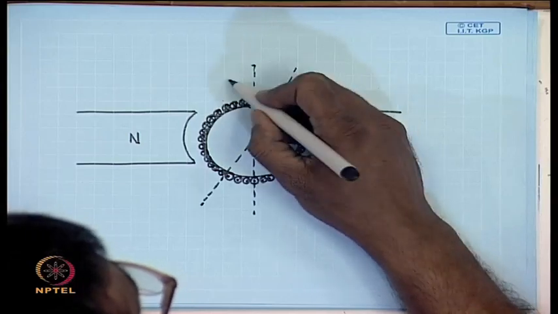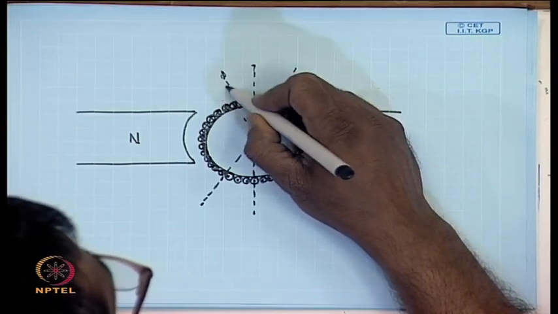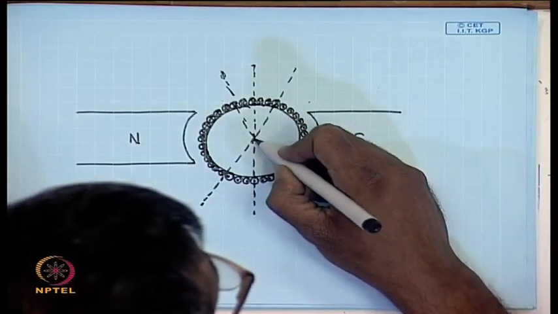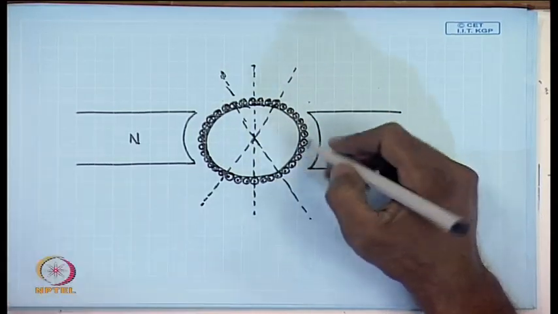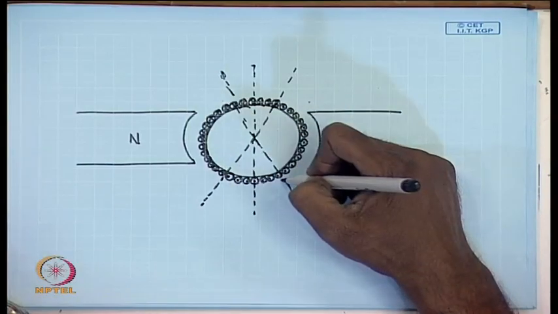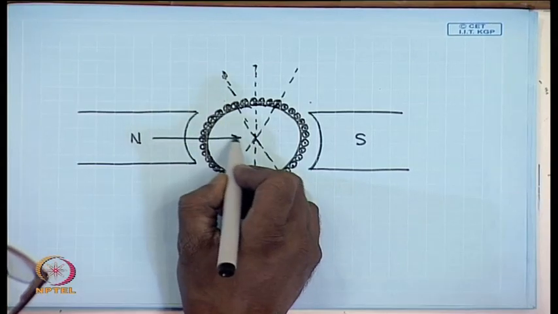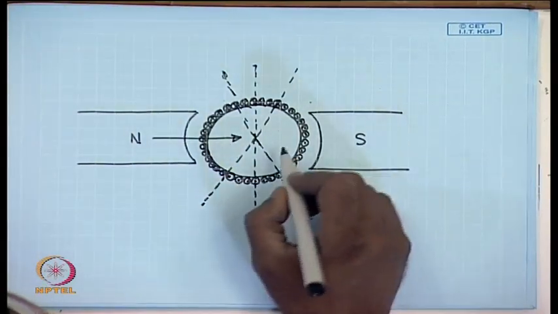So, we see that the armature conductors, these are all cross currents, these are all dot currents. The field flux is in this direction.